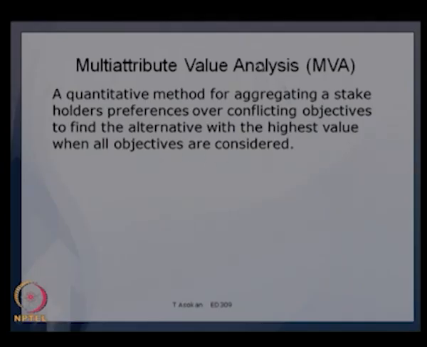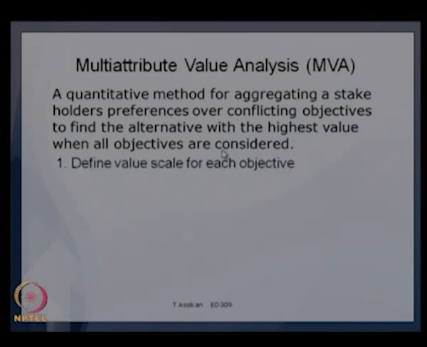So you have multiple objectives and they are somewhat conflicting. In this situation, how do we get the best alternative with the highest value when all objectives are considered? That is multi-attribute value analysis.